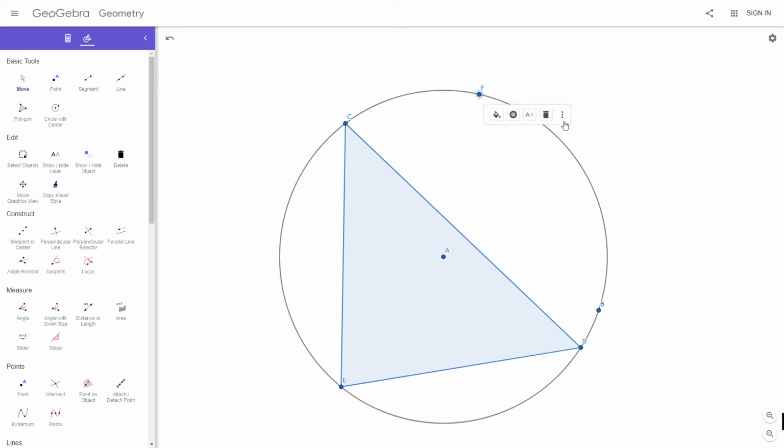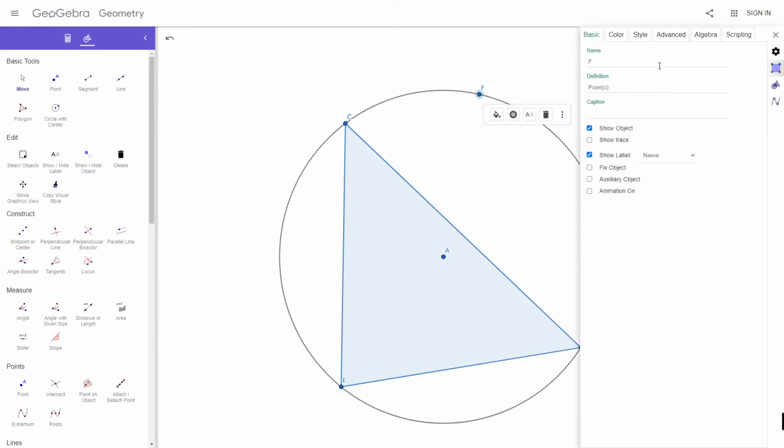Not a big deal, just rename things. Let's call this point X, and let's call this point A, let's call this point B, and let's call this point C.